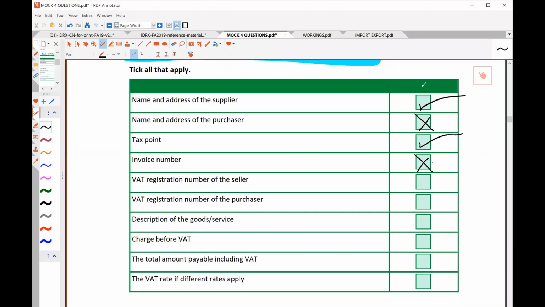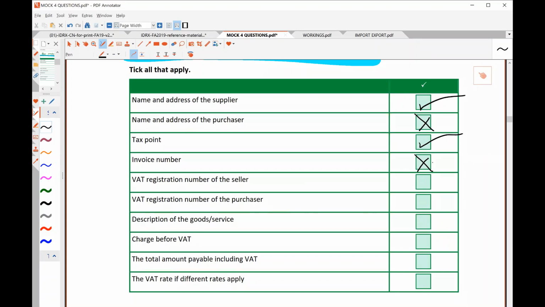If you run them off from Sage, for example, it'd normally have an invoice number anyway. Even if you had one of those little triplicate books where you're writing invoices out by hand, they normally have a stamped number on the top anyway. But if you got asked in the exam, does it have to have one? No, it doesn't.